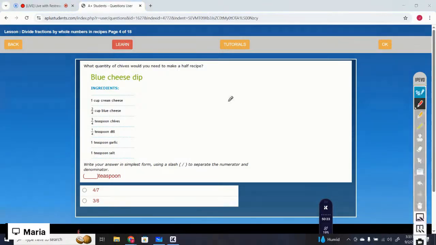So we are given the 3 by 4 teaspoon of the chives, right?